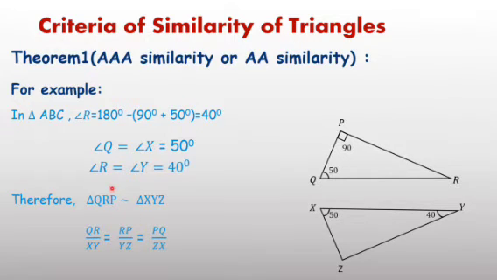Then PQ, third to first taken, here third to first ZX, PQ upon ZX. In this pattern, we can write corresponding sides are in the same ratio. So this first theorem or criteria for similarity of triangles is known as triple A similarity.